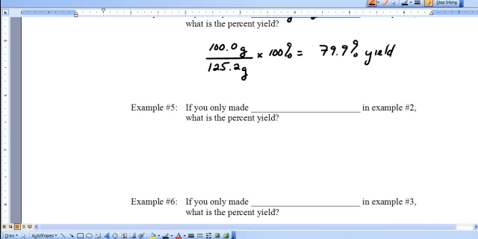Example number 5 says, if you only made, let's say, 12 grams of rust, Fe2O3, in example number 2, what is the percent yield? Well, again, flip back, and you'll notice that you expected to get 14.3 grams of the rust. Where did that come from?